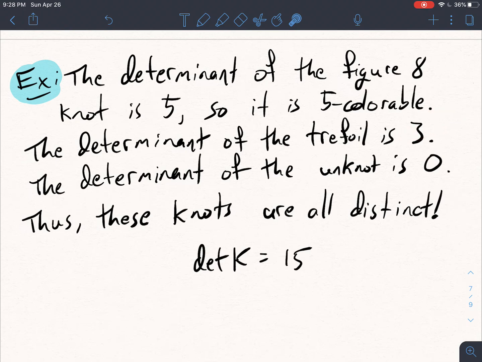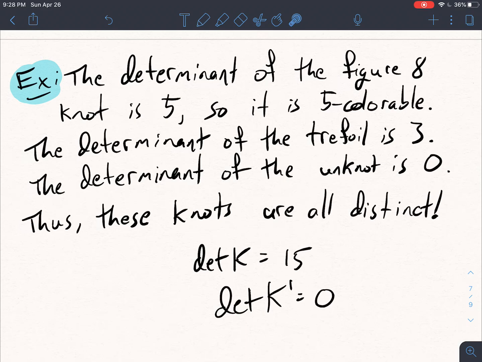So this knot is colorable mod 3 and mod 5. So just finding a 3 coloring of a knot doesn't tell you that the determinant is 3, but if you find that the determinant is equal to 3, or any multiple of 3, then it's 3 colorable.